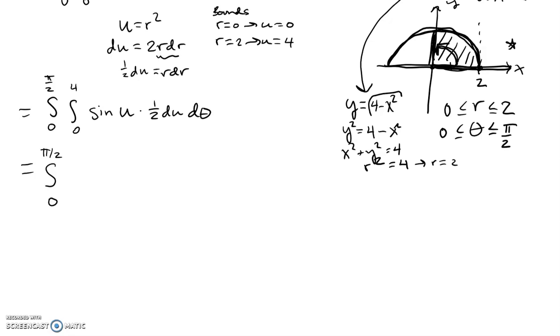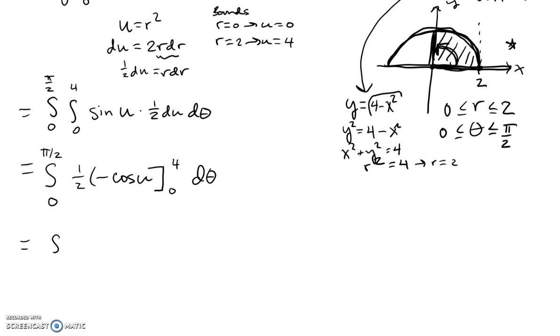We have that 1/2 there, so we'll have 1/2 times the integral of sine, which is negative cosine of u, and then this whole thing goes from 0 to 4, and then we're going to go d theta.